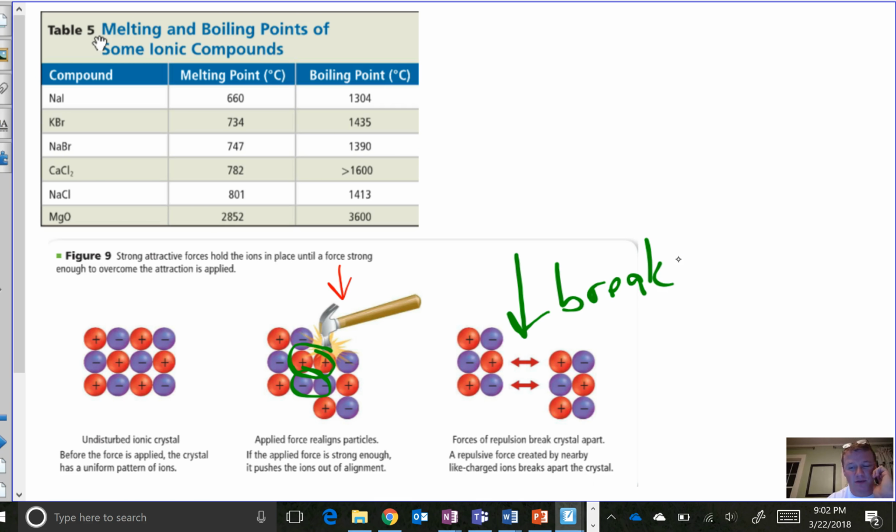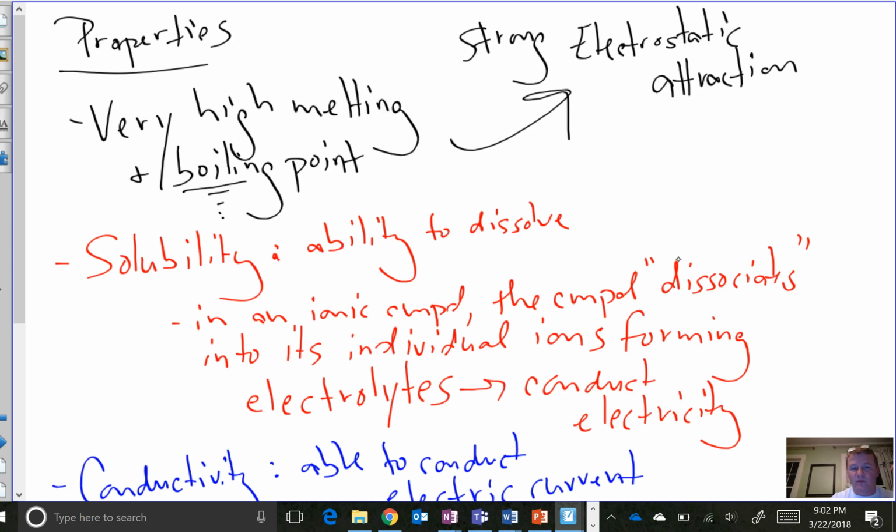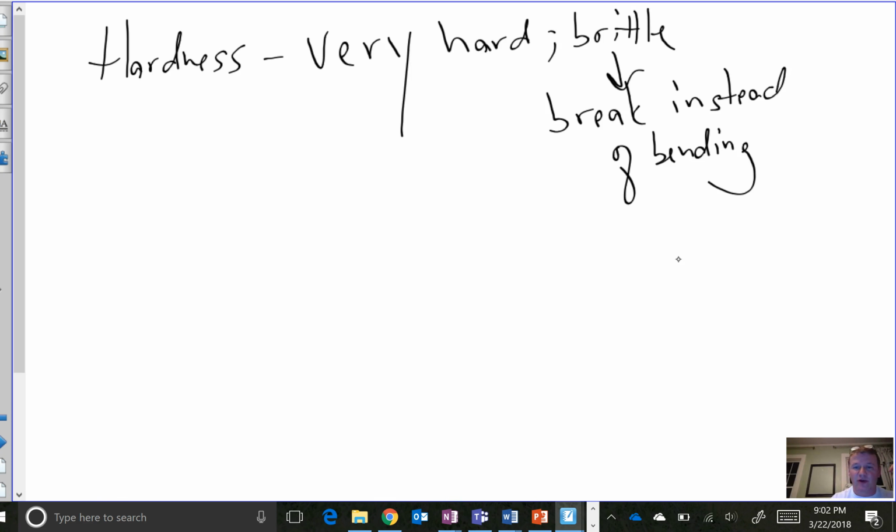Think about if you hit a big chunk of salt with a hammer. It's not going to bend, it's going to break in a bunch of pieces. And if you keep hitting, it's going to break into even smaller pieces. This is why. All right, so in terms of hardness, they're hard, but they're not bendable. They break instead of being able to flex, so they're not malleable.